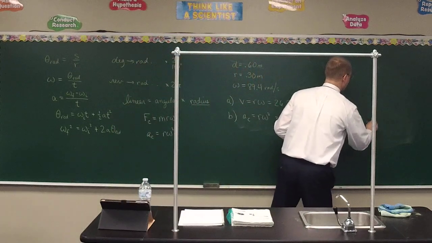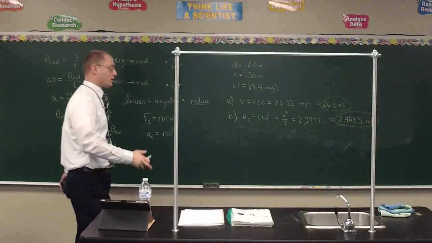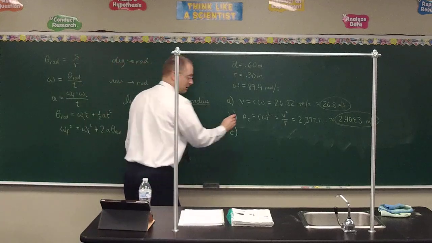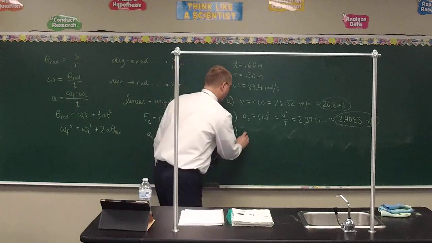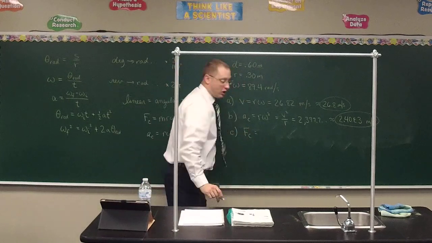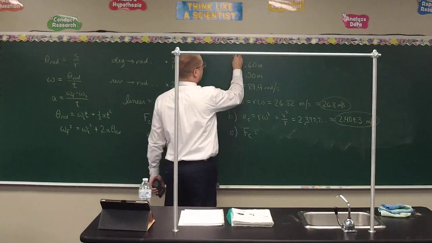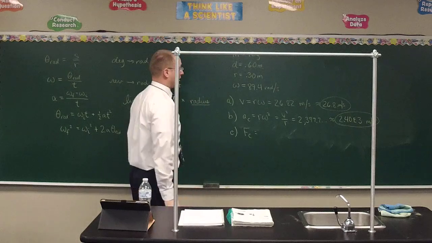Again, this isn't the angular acceleration. This is centripetal acceleration. 2.40 E3 meters per second squared. Part C says to find the force, centripetal force, on a 12-gram stone that's embedded in the tread. Well, 12 grams, of course, is mass, but I'll need to change that.